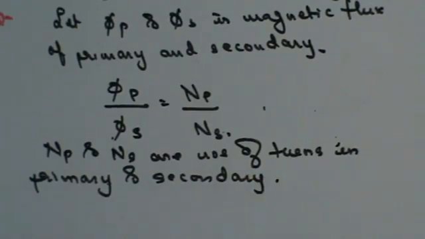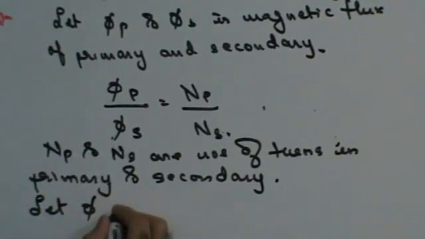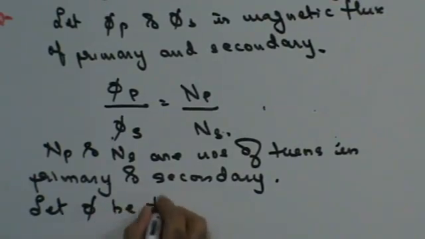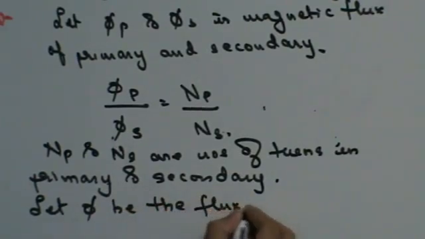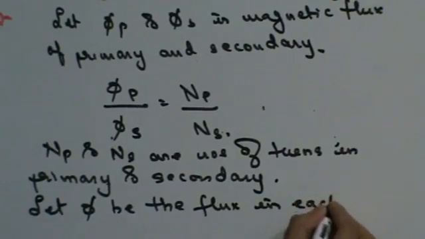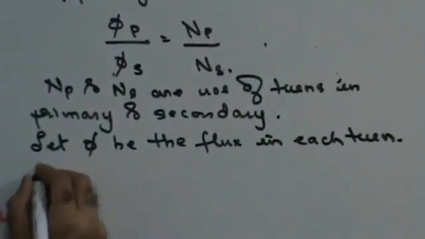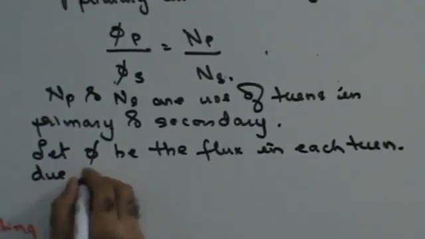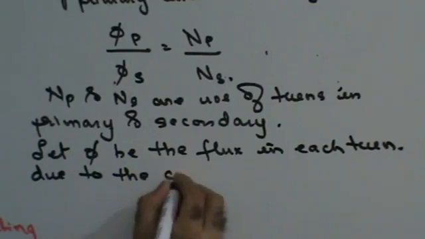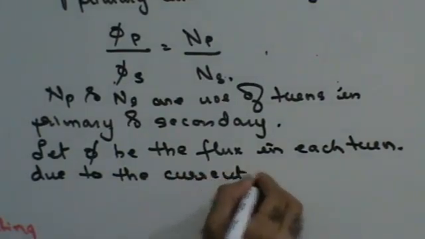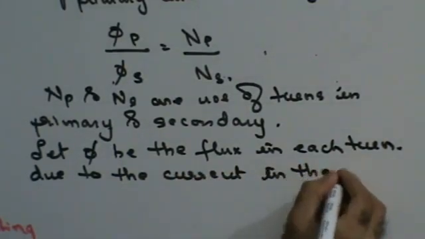Right? Once you have this, let us assume that phi is the flux in each turn due to the current in the primary.